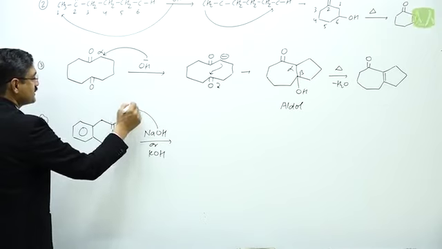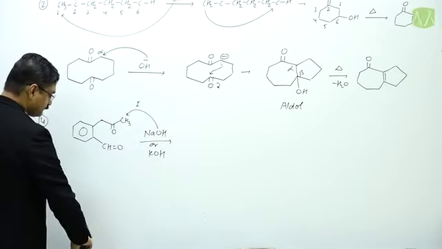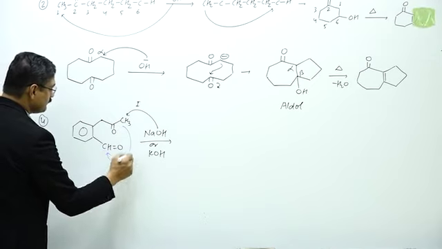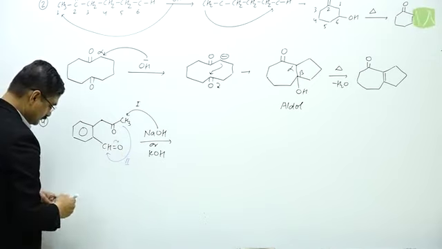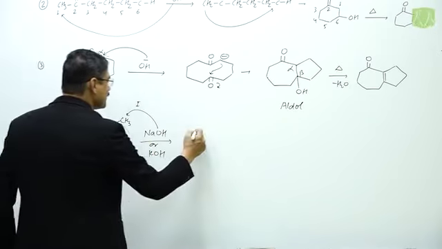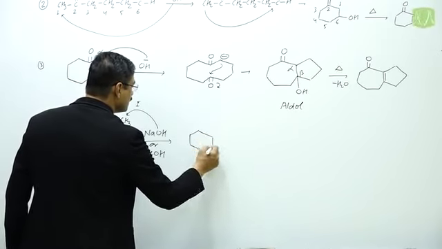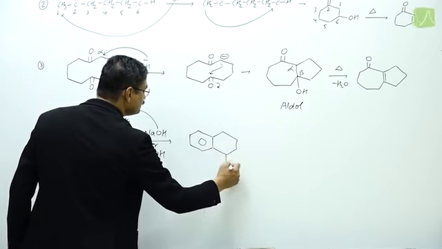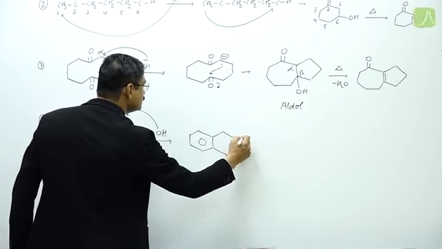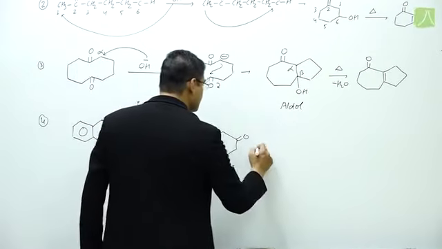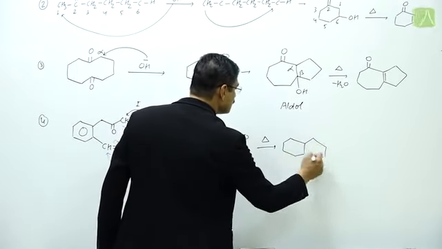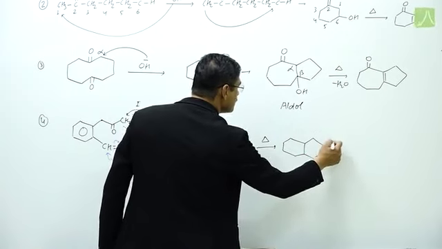So step 1 is this. Now step 2 is this. So I write 2 steps simultaneously. So a 6-membered ring is formed, and after heating, this is obtained.